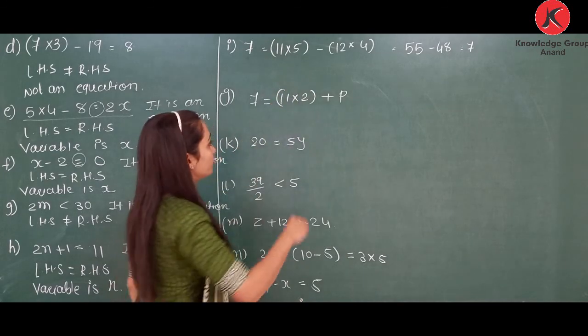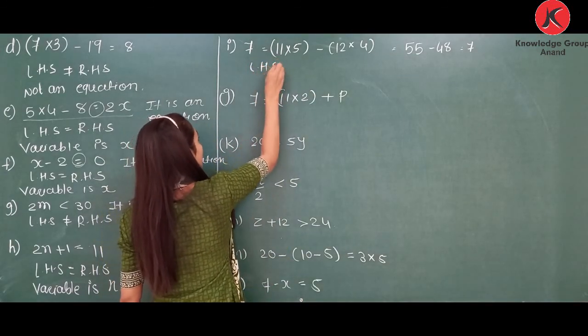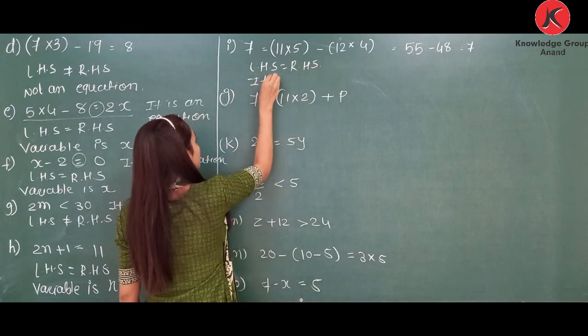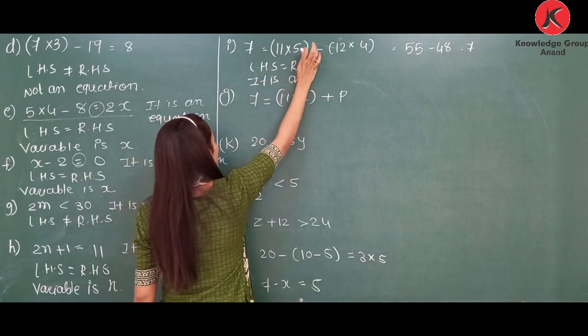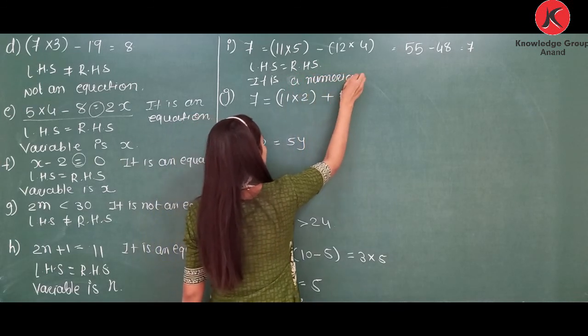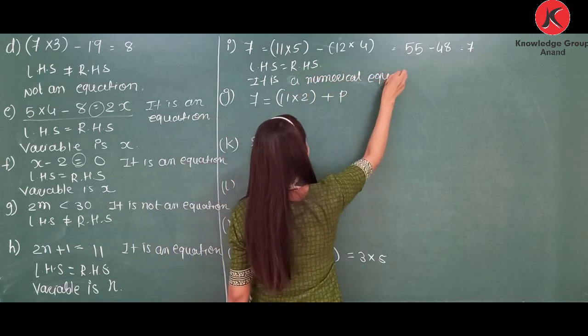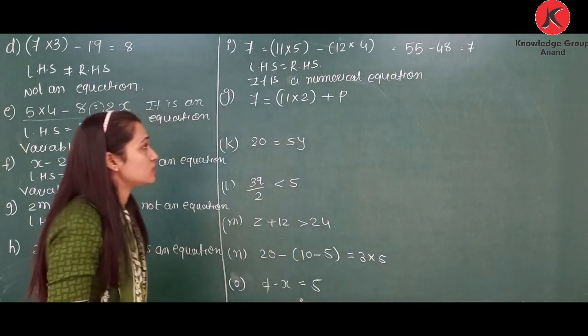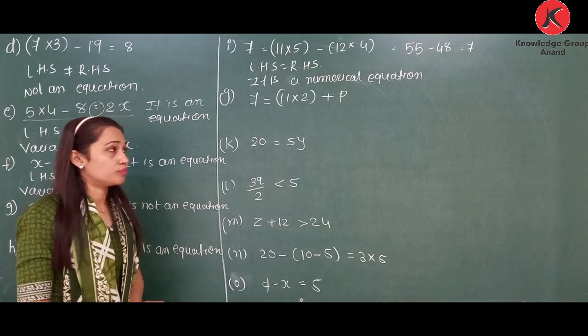You can consider left hand side is equal to right hand side. Here we don't have any variable, so that's why it is not an algebraic equation.